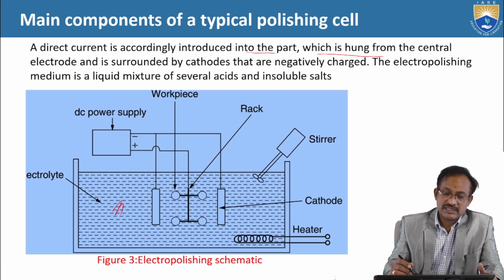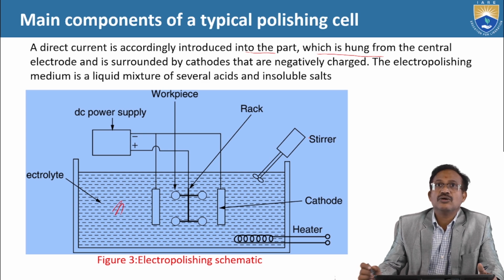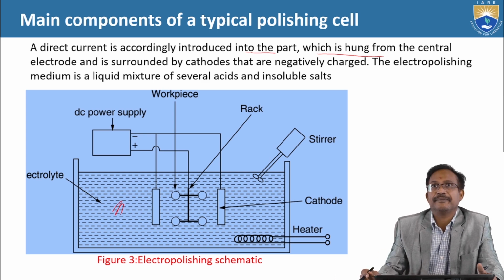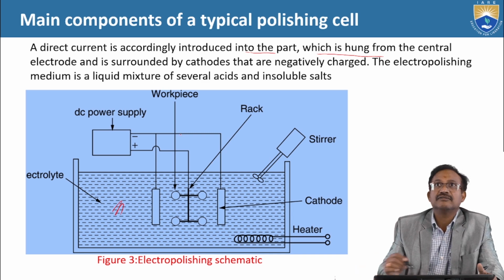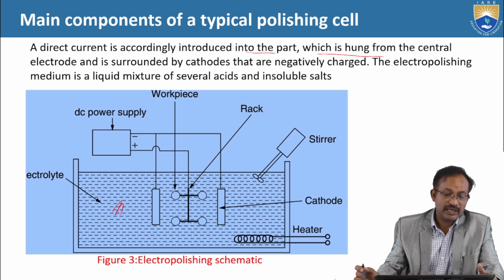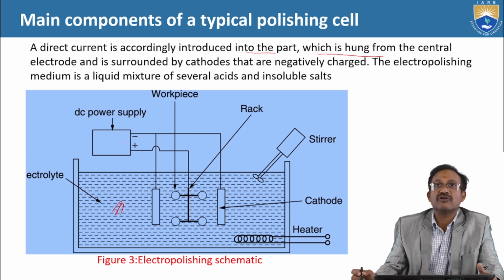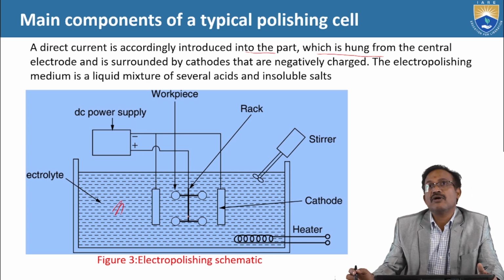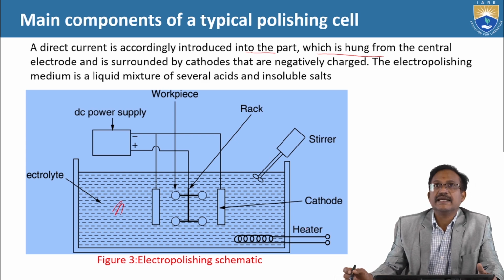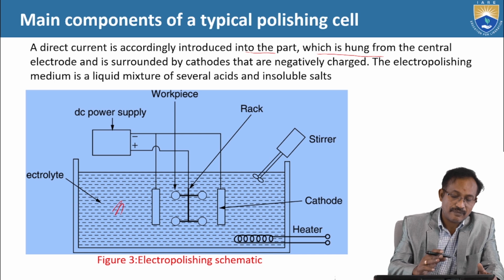This is a stirrer to get a homogeneous medium. This is the rack, and this is the workpiece which is hanging from one end. Here we are giving DC power supply, negative to the cathode and positive to the workpiece. Here we are providing a heater for the operation.